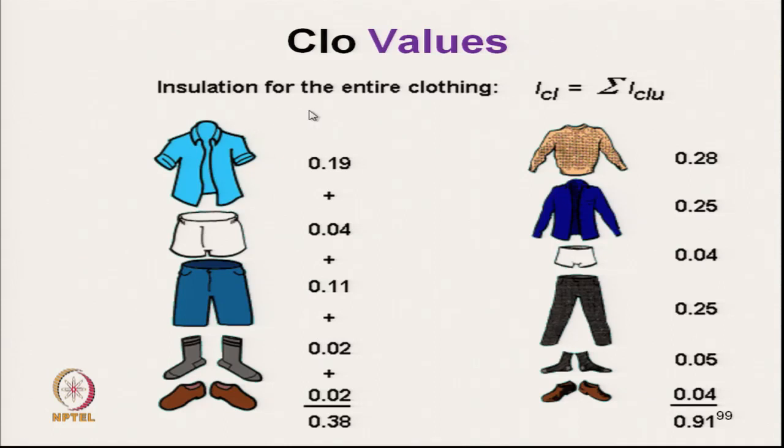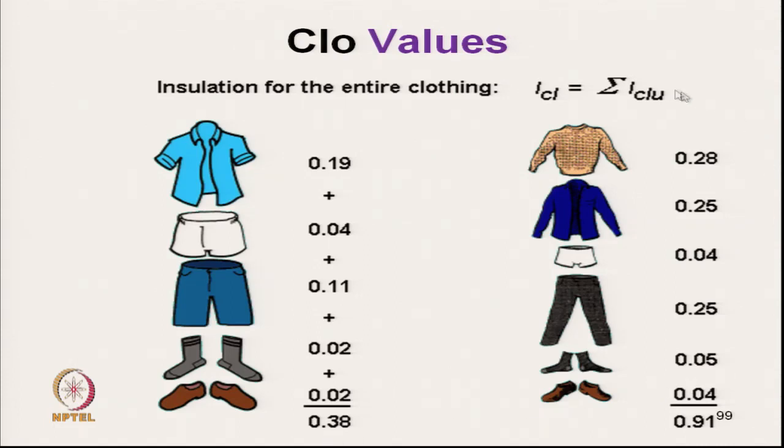Insulation for the entire clothing system is the summation of the individual components. So, for a person wearing a half shirt and all these components, if we simply add them, we get the total clo. Here, all 5 components are added and we get a total clo value for this entire system of 0.38.